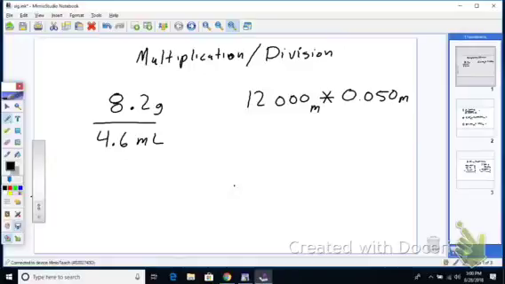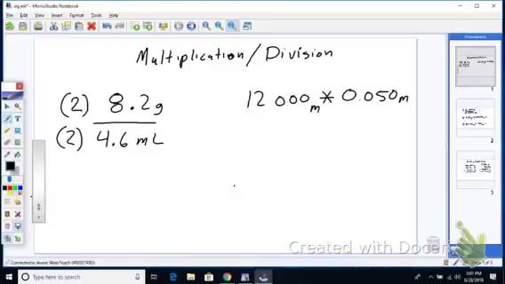So multiplication, division. If we look at the two measurements here in the first division, 8.2 grams divided by 4.6 milliliters, what we can do is recognize that the 8.2 is two significant digits, and the 4.6 is two significant digits.